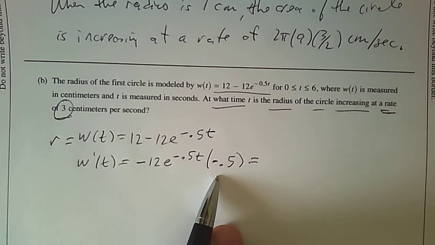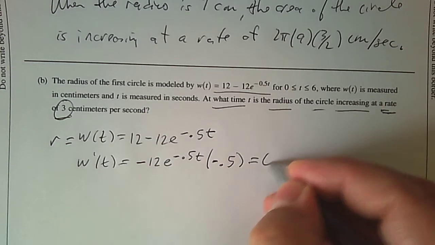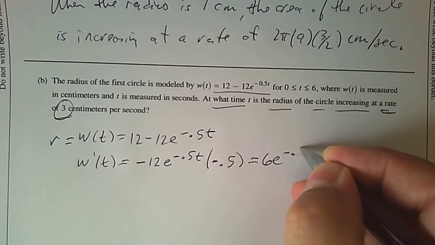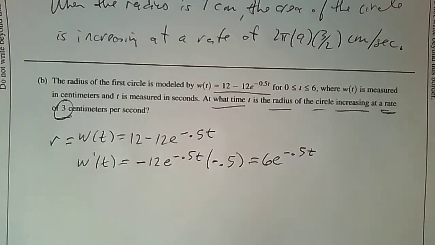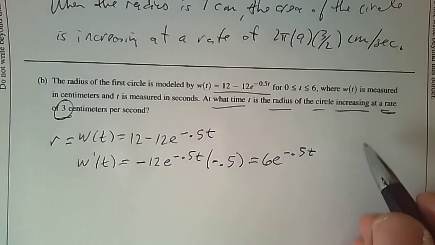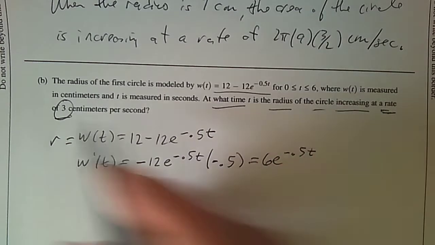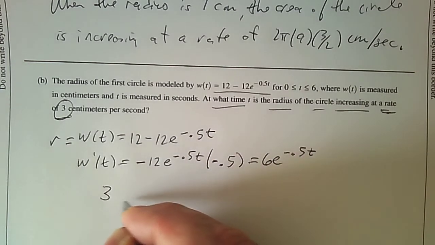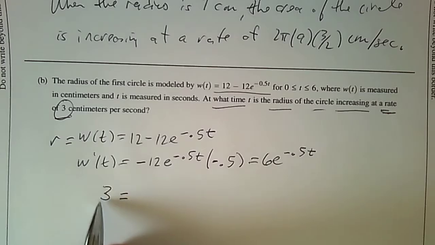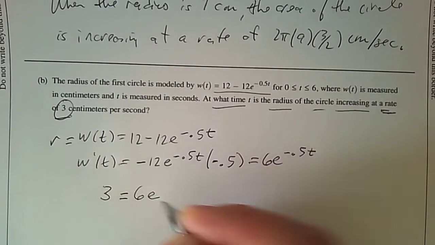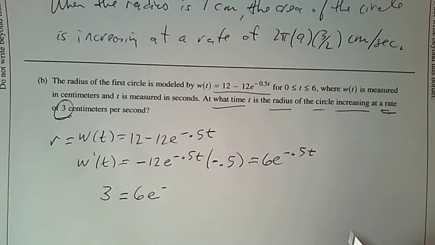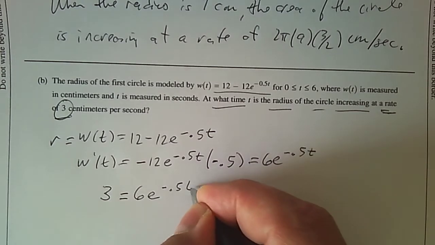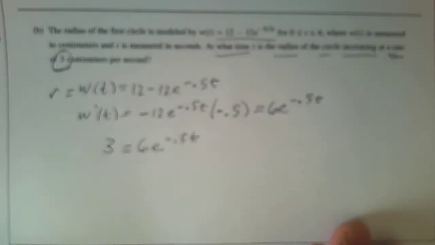Negative 12 and negative 0.5 together make positive 6. Then it says, at what time, so I'm looking for t, is the rate of increase 3 centimeters per second. So I'm going to plug in 3 for the derivative and make it equal to 6e to the negative 0.5t. And then I'm just going to solve for t.